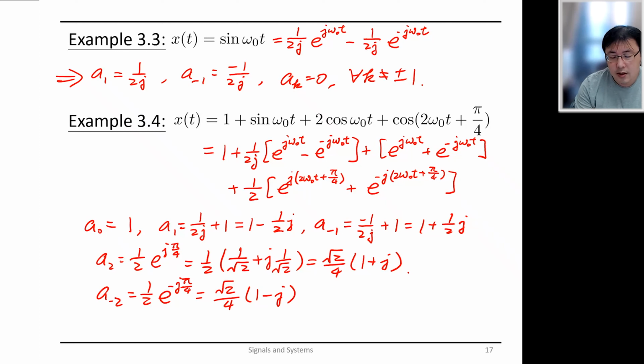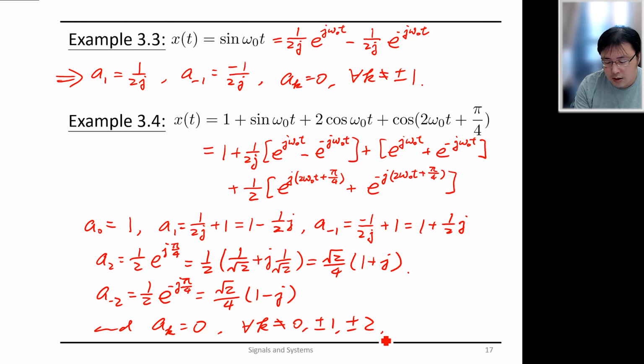So by observation, in this example, you can directly obtain the Fourier series coefficients for A0, A plus or minus 1, and A plus or minus 2. For all the other terms, the coefficients are 0. So A_k is equal to 0 for all k not equal to 0, plus or minus 1, and plus or minus 2.